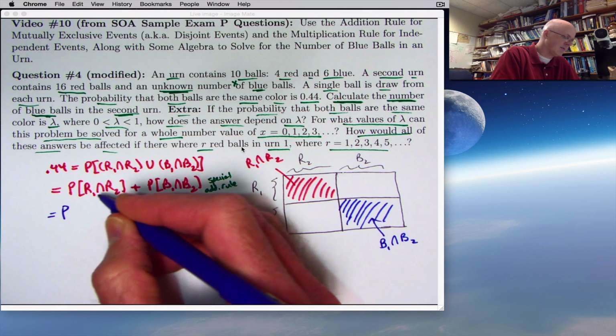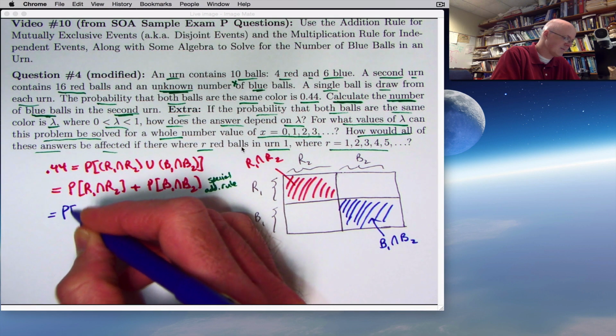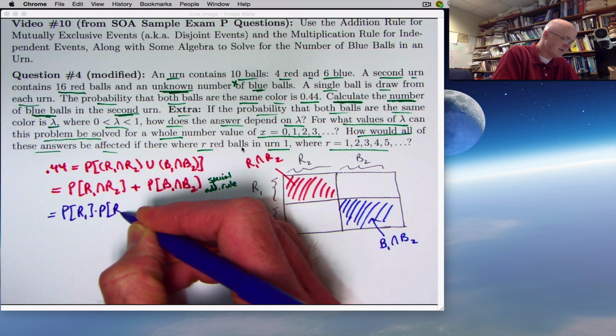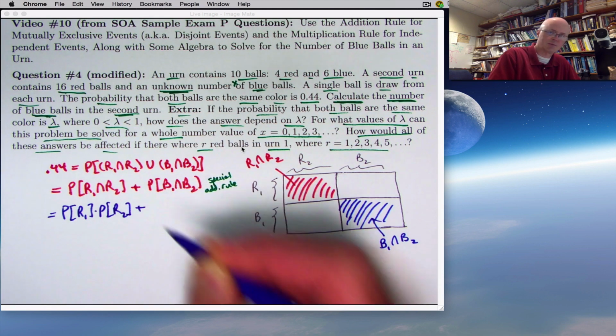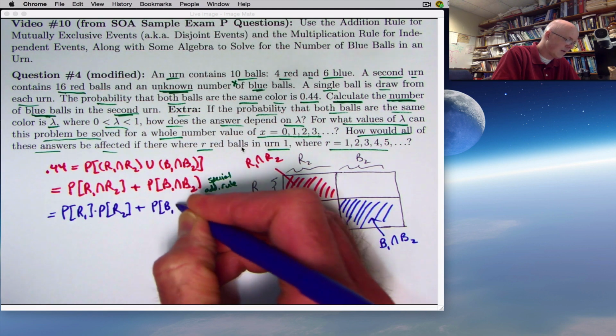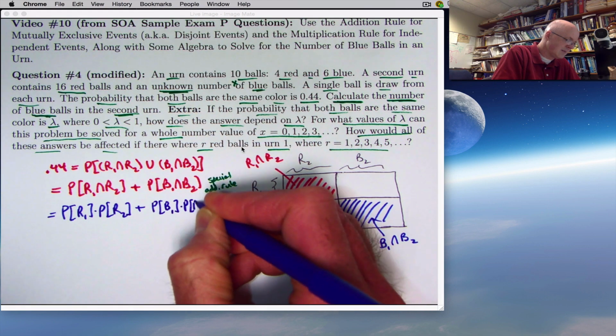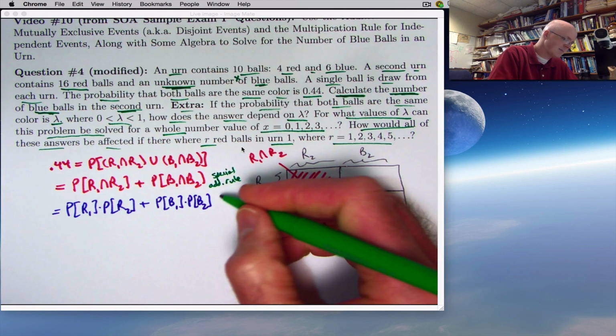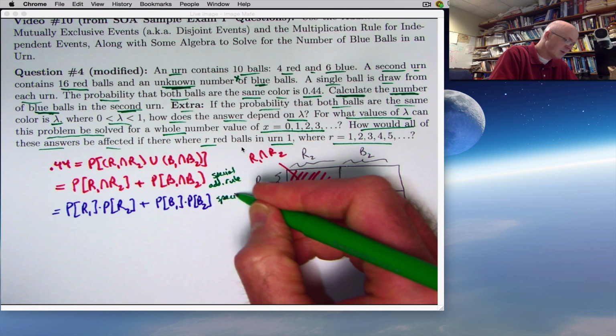The probability of one thing and the other is the product of their ordinary unconditional probabilities. Remember, there's a general multiplication rule that involves conditional probabilities. So that's the multiplication rule for independent events. You could also call it the special multiplication rule.